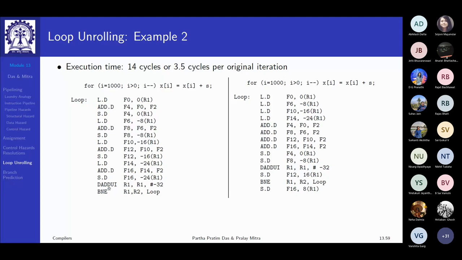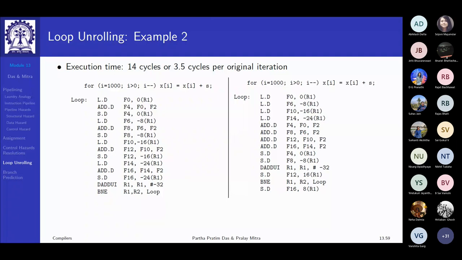That stall will have to be exploited. So I take the 3rd store and put that into that stall slot to make use of that stalling. So I don't need that stalling anymore. I know after BNE, I have a free pass. I have a delay slot. I use that for doing the 4th store.